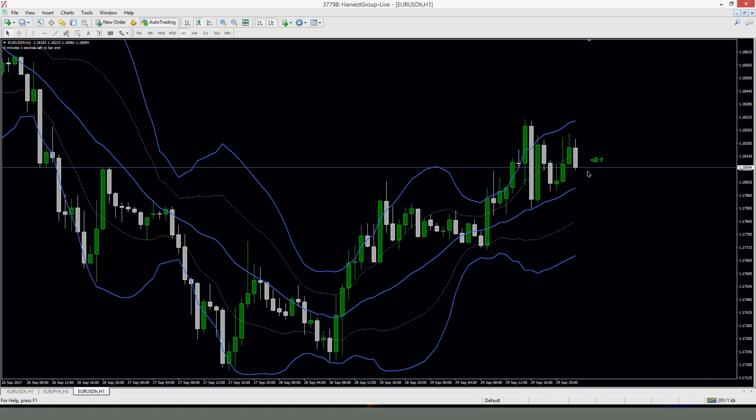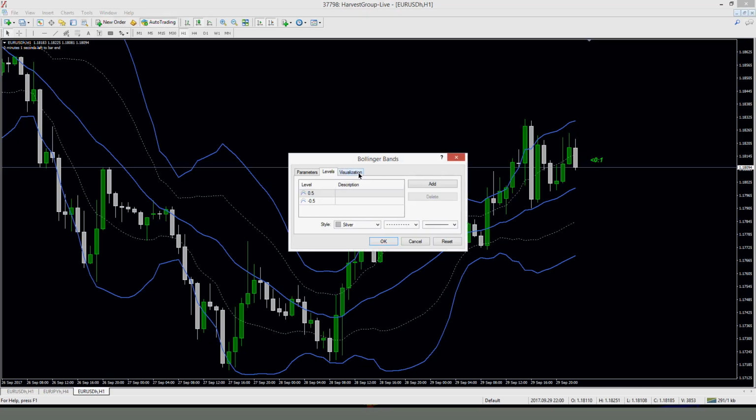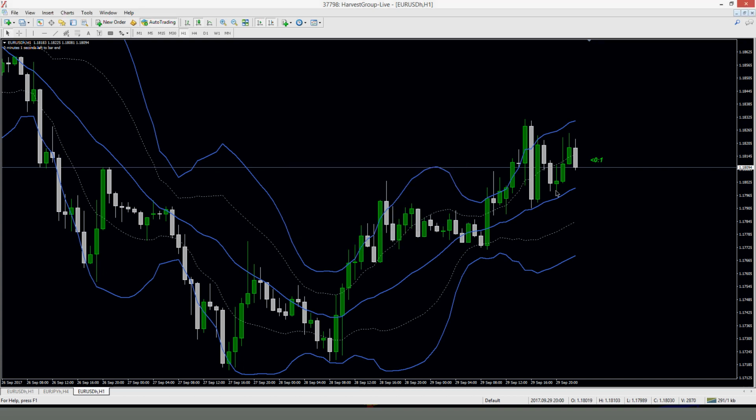For those who don't know about deviation 1, the Bollinger Band is exactly the same: period 20, deviation 2, apply to close, whatever color you want, and you just add levels 0.5 and minus 0.5 by clicking this tab. I use the dash so that it is more visual to me.